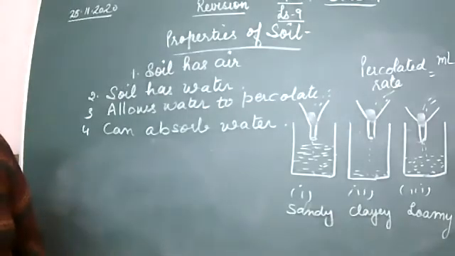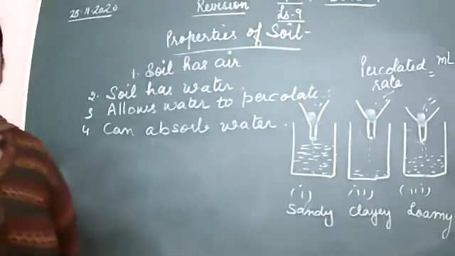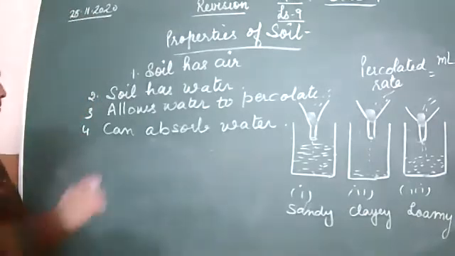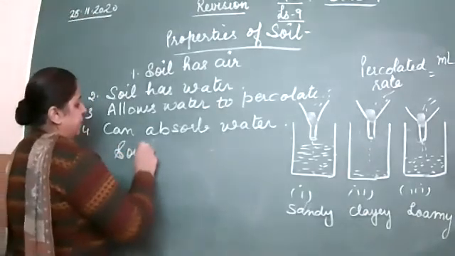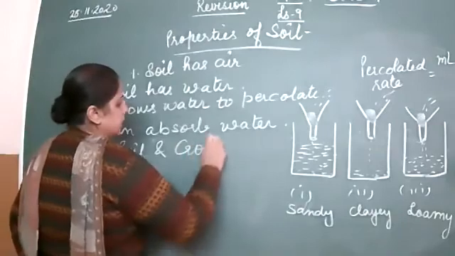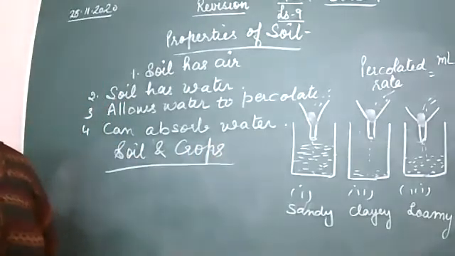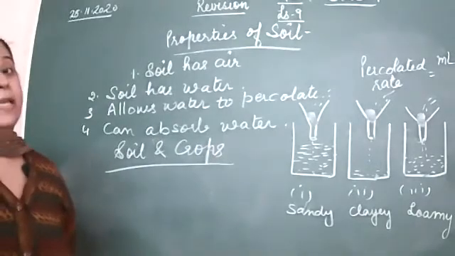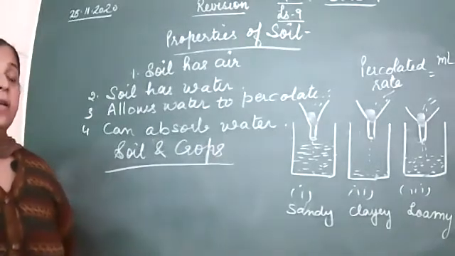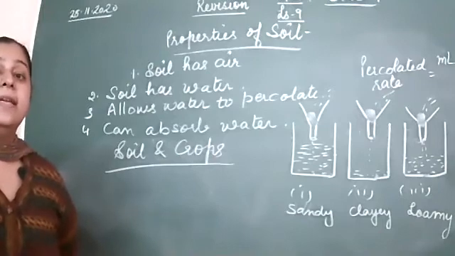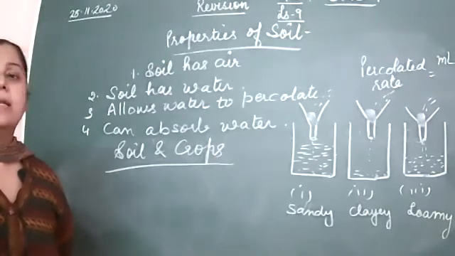This was all about the properties of soil. Now students, our last topic is soil and crops. Different types of soil are suited to different types of crops. Some soils are very well aerated, and some crops need less water, so they are grown in that type of soil.